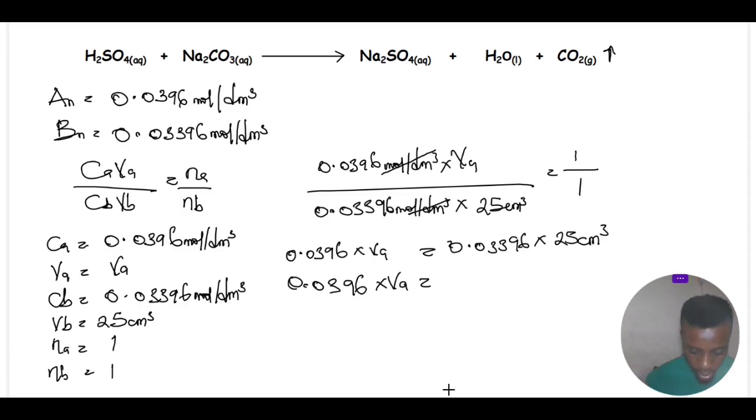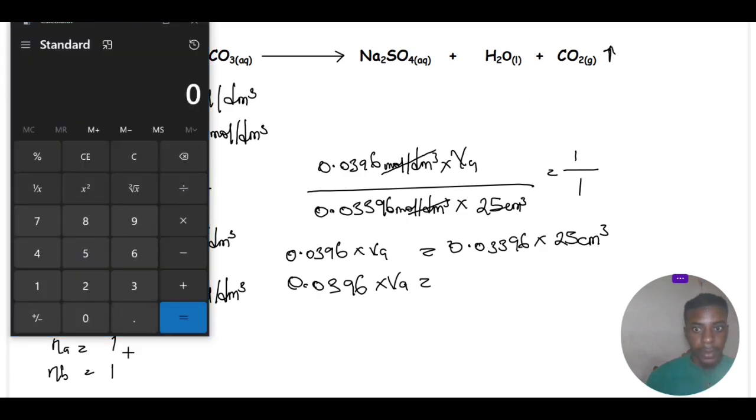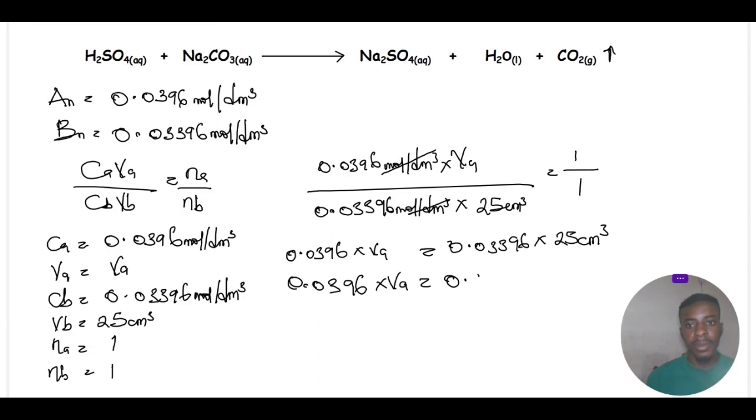So we have 0.03396 times 25. So we have 0.849.